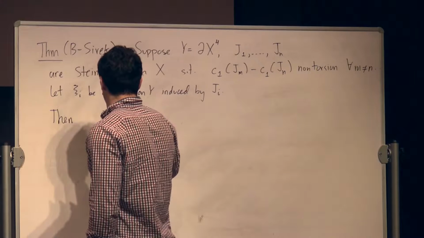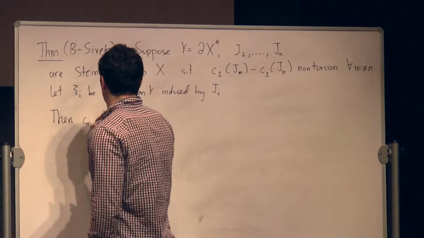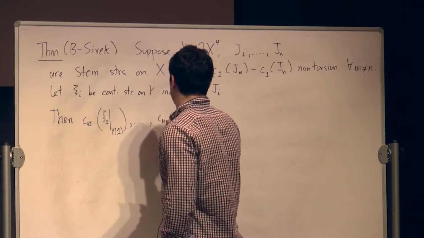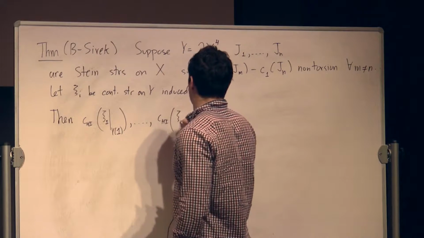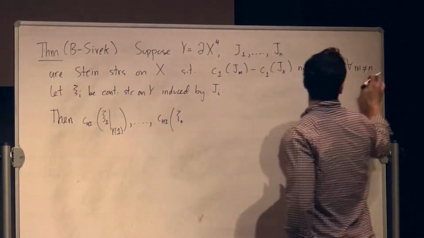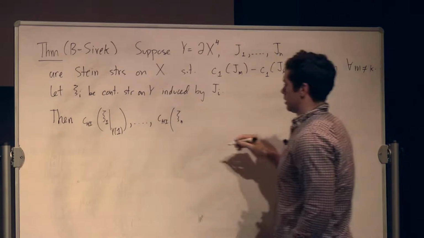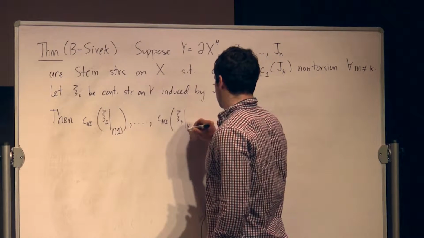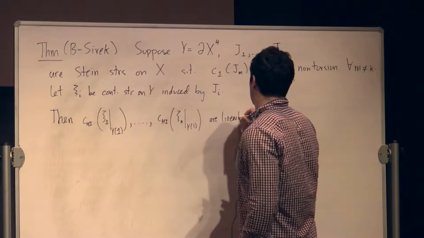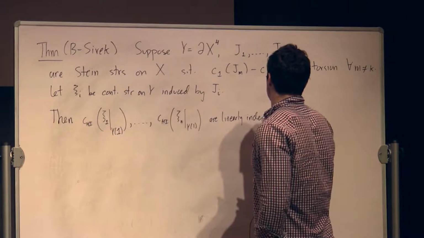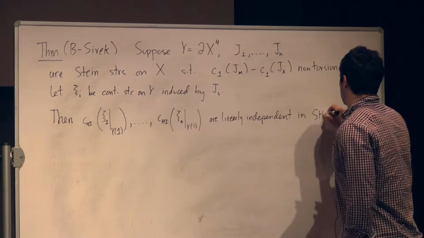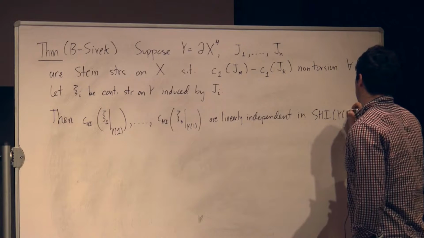And in fact, the result is that if we look at the instanton Floer contact invariants of these different contact structures, these contact invariants are linearly independent classes in the sutured instanton Floer homology of Y with a ball removed.